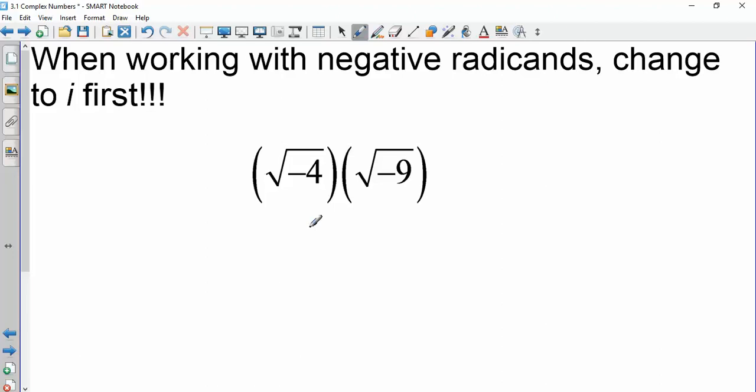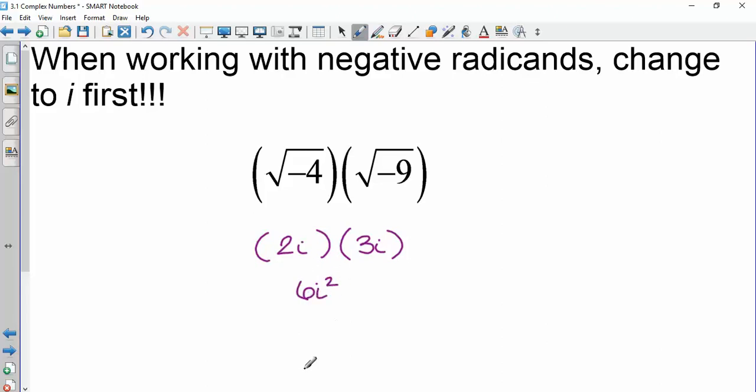But if I first reduce these radicals, what is the square root of -4? 2i. What is the square root of -9? 3i.